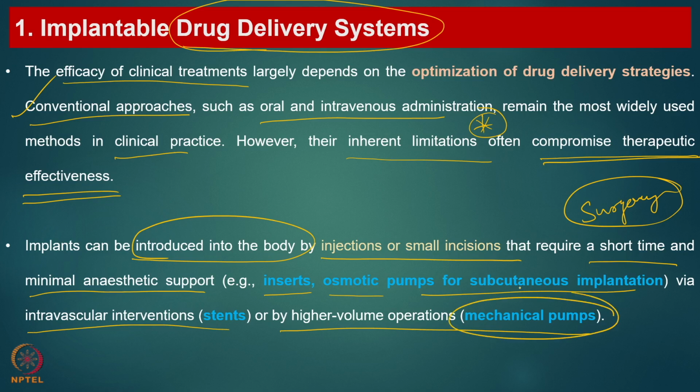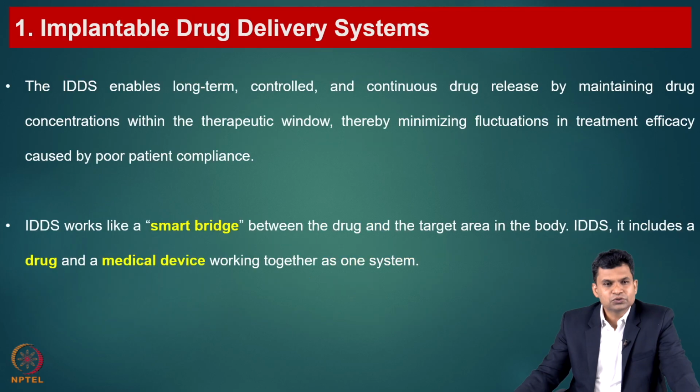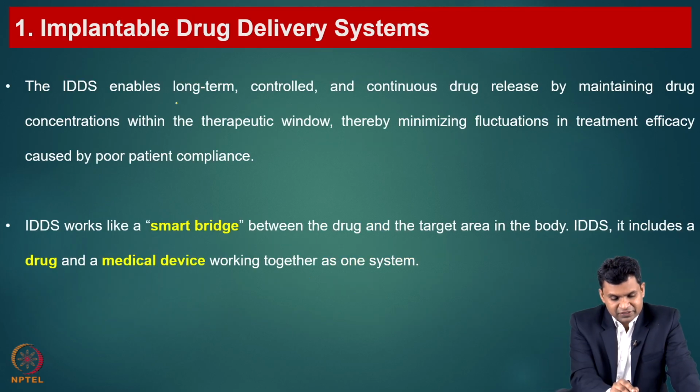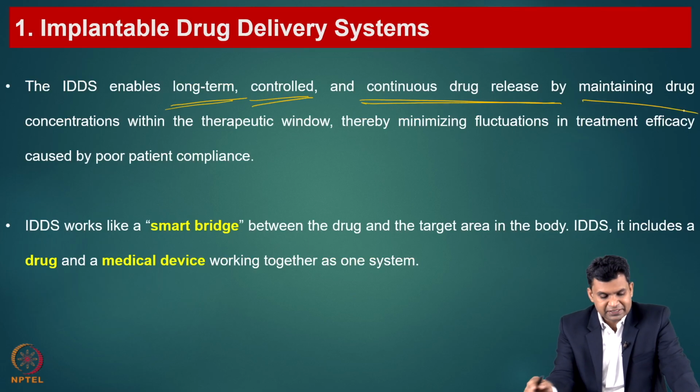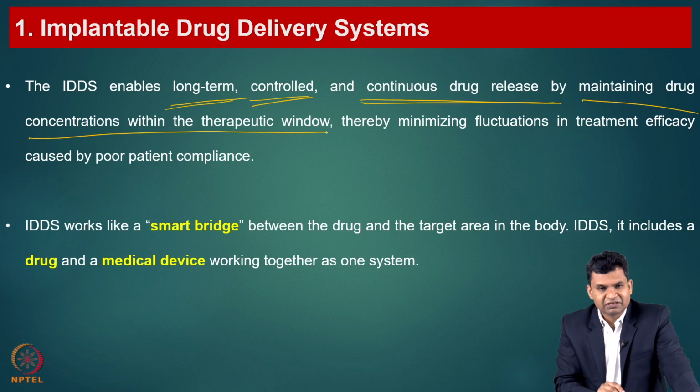Implantable drug delivery systems are completely different from controlled as well as conventional formulations. These help in long term controlled and continuous drug release, maintaining the drug concentration within the therapeutic window.